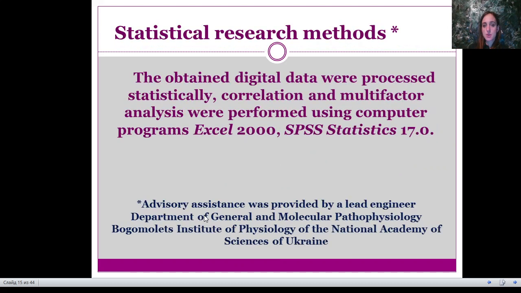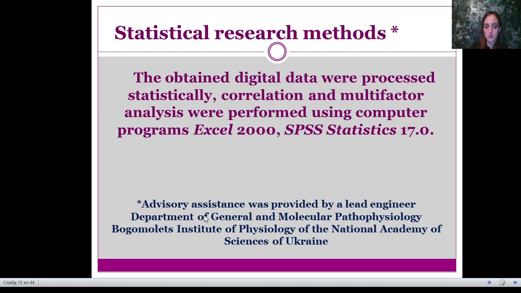And statistical research methods: the obtained digital data were processed statistically, and of course we use these statistics because we need to understand how many percent of the pregnant women have some problems, for example with the gums, and how many percent of pregnant women have problems, for example, only bleeding gums without the exacerbation of the gum or gingivitis.